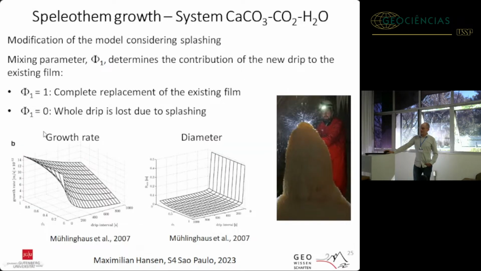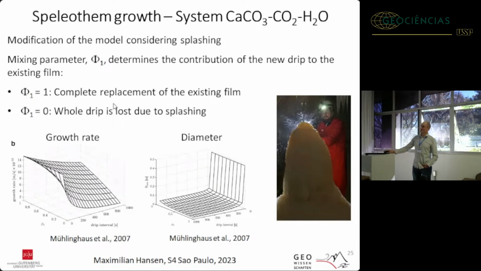So, and there were others. They took essentially these models. So there's the work of Mühlinghaus et al. They took essentially the same model, but introduced a mixing parameter. What I showed you before was that the whole drip was just replaced by the next drip, but in reality this might not be true.